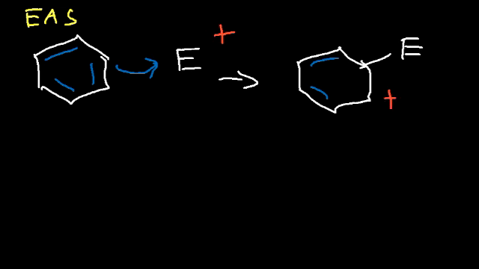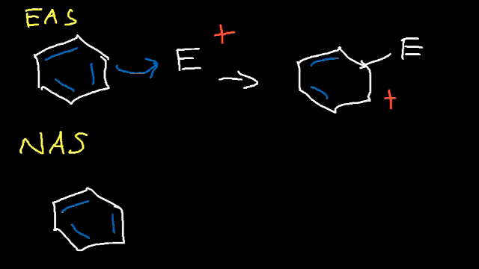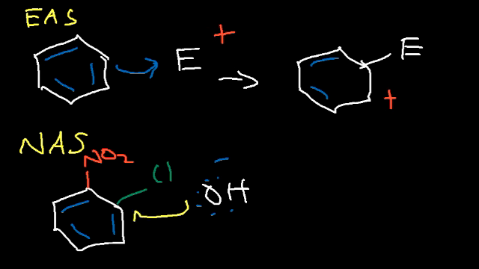Now, in a nucleophilic aromatic substitution reaction, typically we'll have a halogen somewhere. And as soon as we add a nucleophile, let's say like hydroxide, and we might need an electron withdrawing group to make this work, it's going to push a negative charge on the benzene ring.